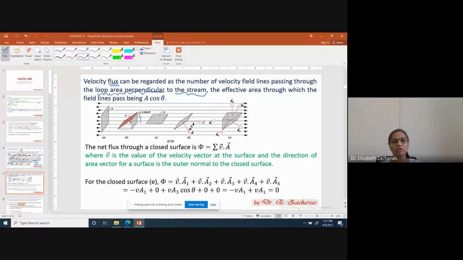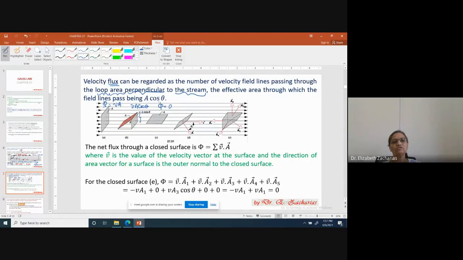Okay, the area is shown. You can see effectively how the area has become small. And you see the number of lines cutting through: 1, 2, 3, 4, 5. Now go to the next picture. The next picture, you are putting it this way. So nothing is actually cutting through. The flux is 0 here. Flux here is equal to V into A. In this case, it is VA cos theta.